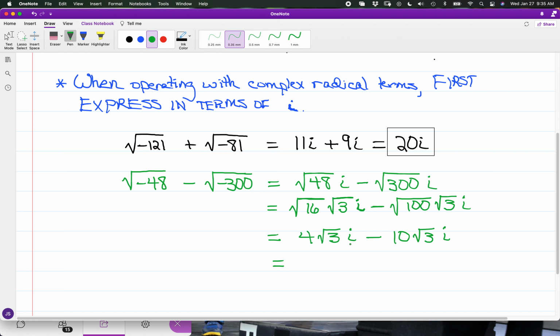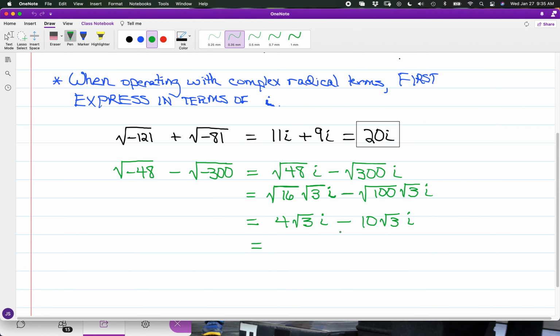If you notice the inside numbers within the radical, we have the square root of 3, and both of those are also i terms. So we have like terms in the square root of 3 i, and if we combine the coefficients, we have 4 minus 10, which is negative 6. So for the difference between the square root of negative 48 and the square root of negative 300, this will simplify to negative 6 times the square root of 3 i. Again, you could also write this as negative 6i times the square root of 3.